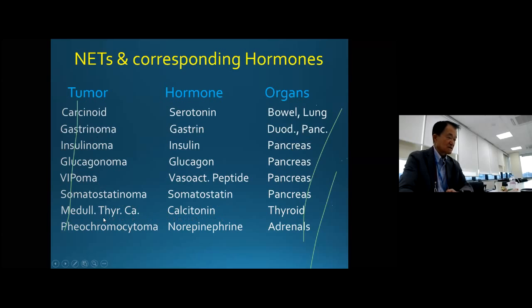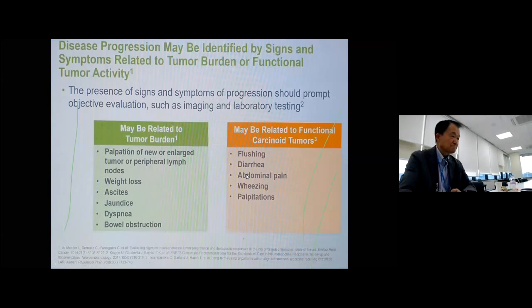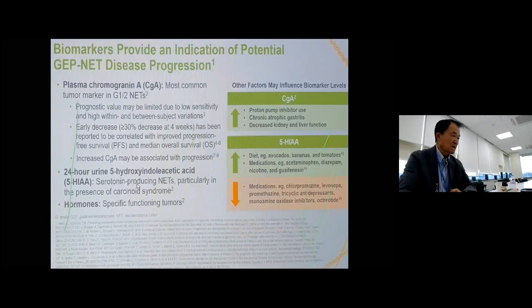Calcitonin, that's medullary thyroid. Norepinephrine causes increased blood pressure. So clinical symptoms and signs, you can imagine, like diarrhea, abdominal pain. The systemic syndrome is influenced by the tumors, so all kinds of things you can expect.